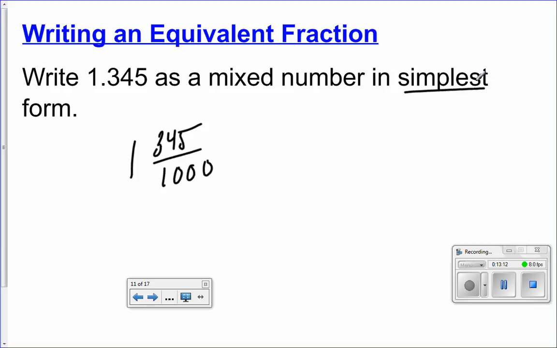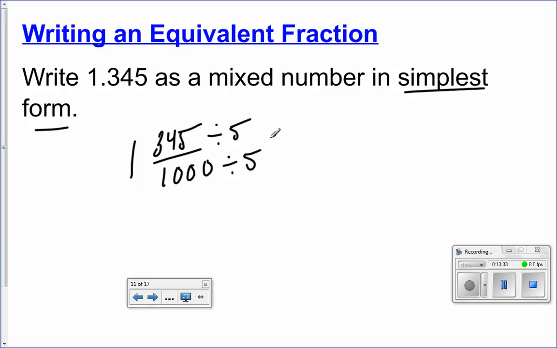I want to write my answer in simplest form, which means I can divide until I can't divide anymore. So I need to ask myself, what can I divide 345 by and 1,000 by? Well, I can divide the top and the bottom by 5.